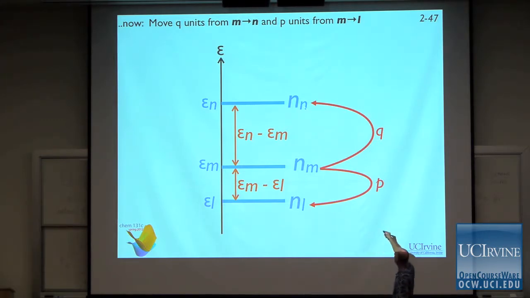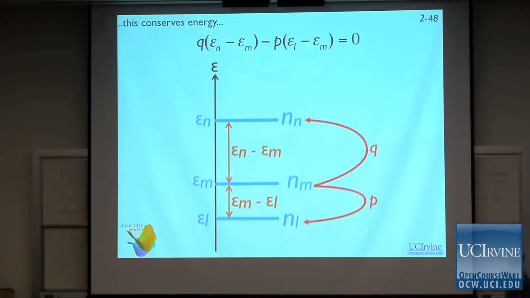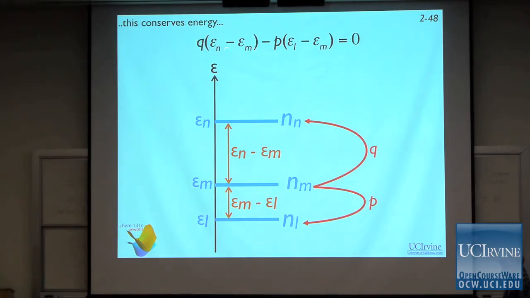We're moving some to lower energy and some to higher energy, so it's reasonable that you could maintain the same total energy, right? They're not supposed to be evenly spaced, but thank you for asking that question. So what conserves energy? Q times that difference, N minus M, minus P times that difference has to be equal to 0. So we're going to choose P and Q so that they satisfy this equality right here.